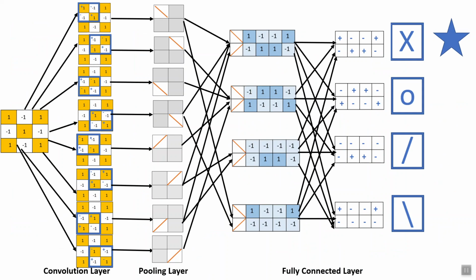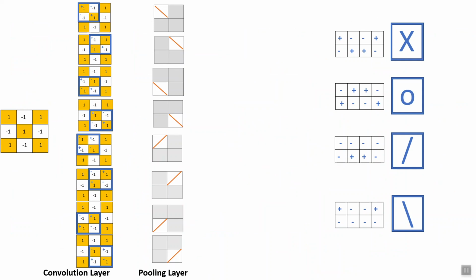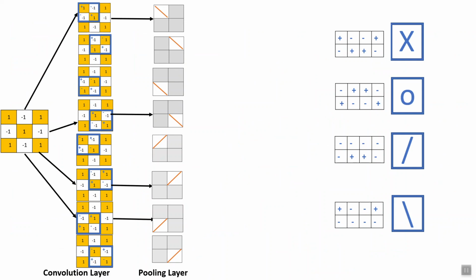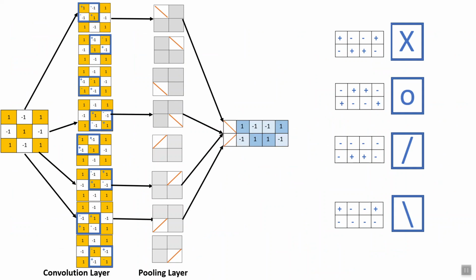So let us see what happened with the actual X. We report here, using this X, it goes through the convolution layer, and then only one fired, and this one over where the pooling layer finds the corresponding diagonal, and that matrix of the convolution pooling layer computes.